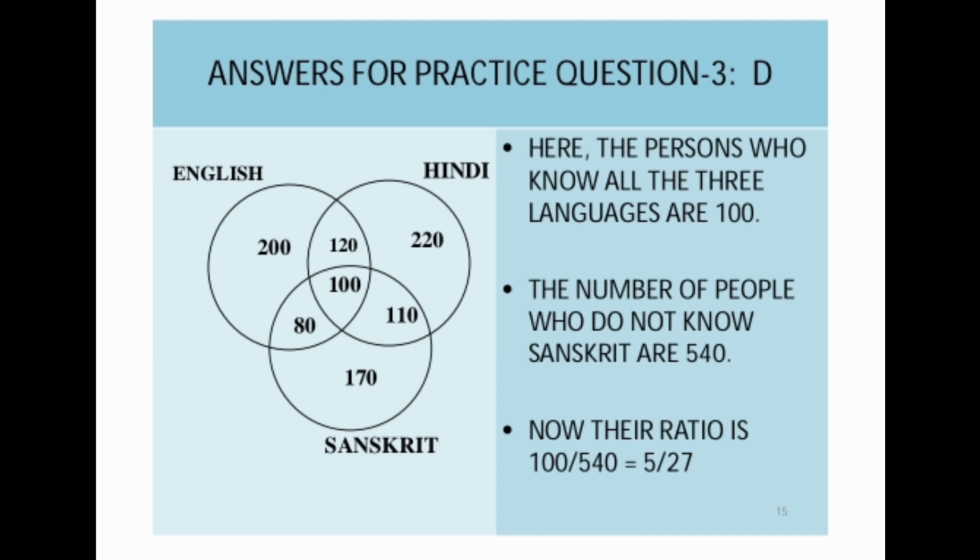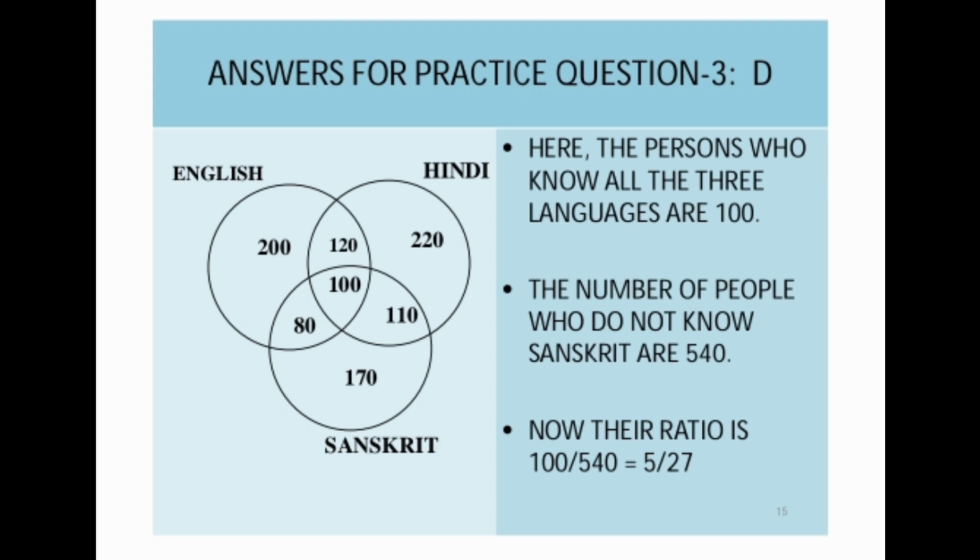So the answer for practice question 3 is option D, which is 5 by 27. The answer is 5 by 27 because first we should take the numbers which are representing the persons who know all the 3 languages.